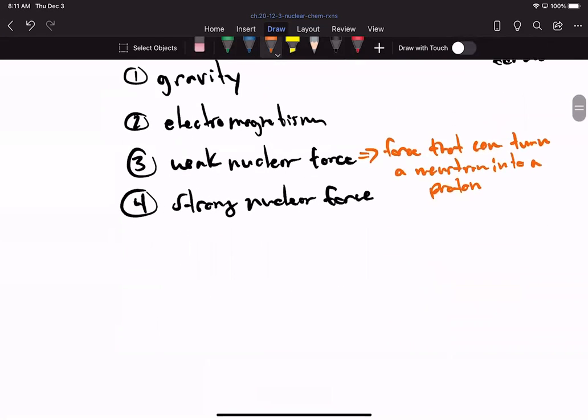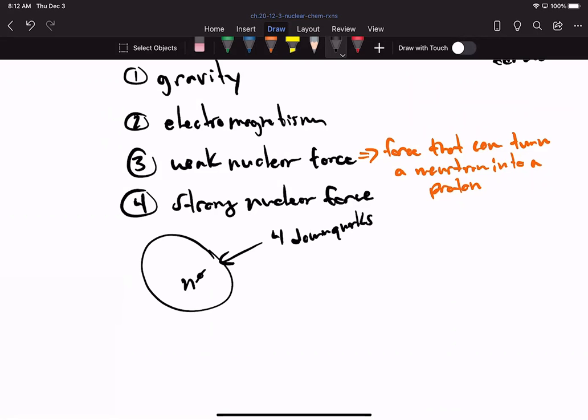So when we talk about neutrons, and I'm not going to get too far into detail on this, I just want you guys to have some general idea of how changing neutrons to protons works. Let's consider this a neutron here, and neutrons generally have, I'm going to call them down quarks. So this has 4 down quarks, and we have 1 up quark.